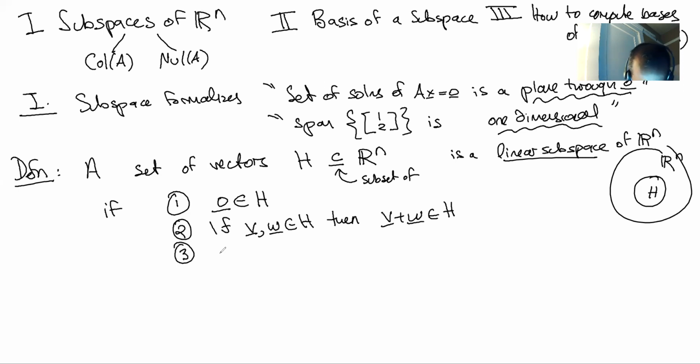And the third condition, at this point you can probably guess: if a vector is in the subspace and you have a scalar c, then if you take a scalar multiple, it stays in the subspace.